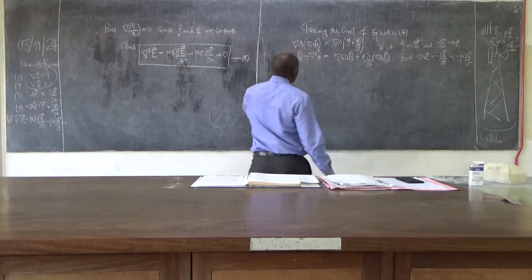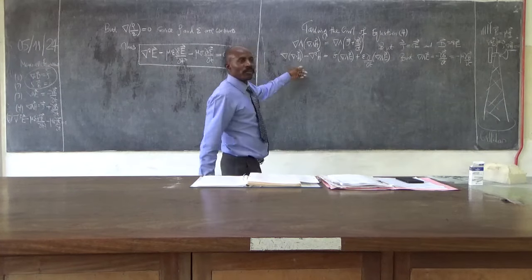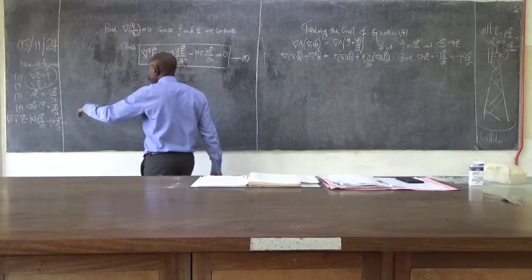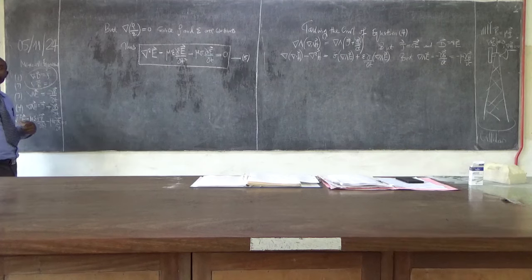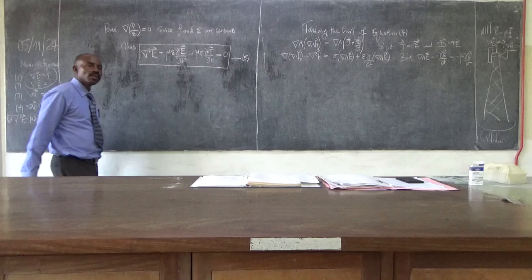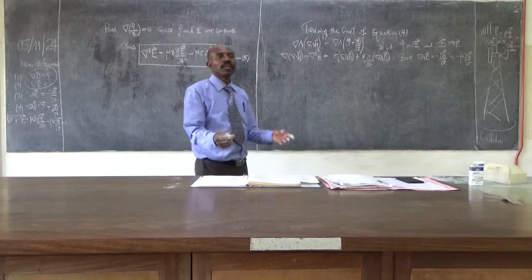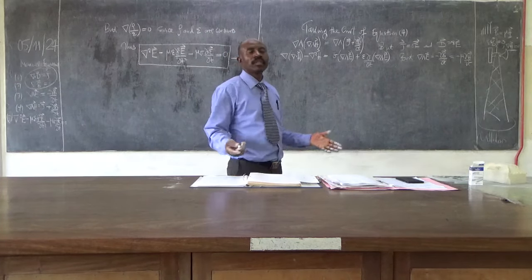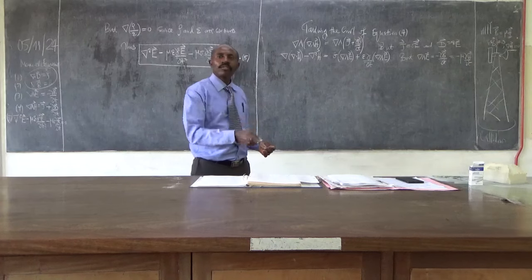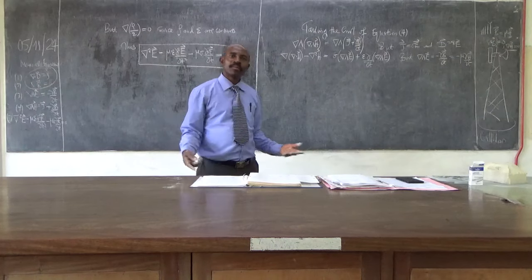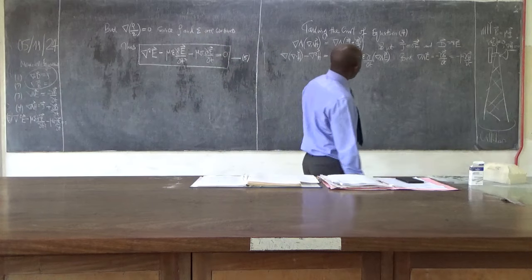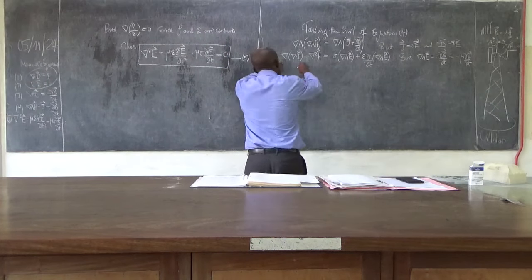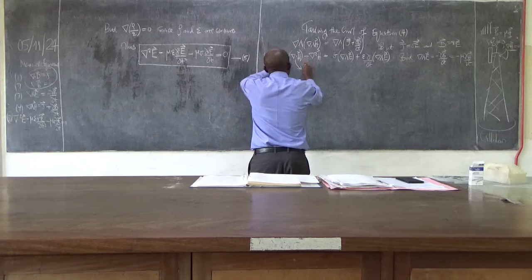But from Maxwell's second equation, the divergence of B is equal to 0, and B is equal to mu H. So the divergence of mu H also equals 0, because you divide by mu on both sides, cancelling the mu's, and 0 over mu becomes 0. So this one is equal to 0 from the law.